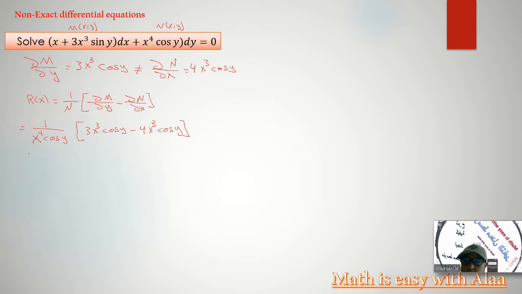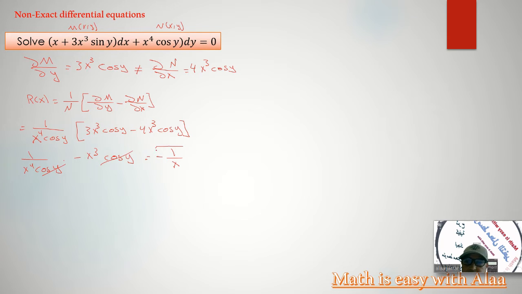Now 1 over x⁴ cos y times the answer, which is minus x³ cos y. Now simplify, it will be minus 1 over x.